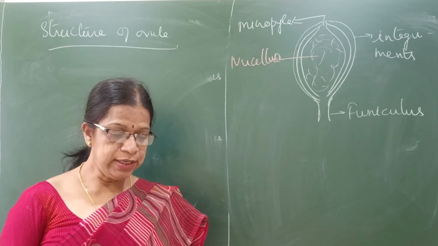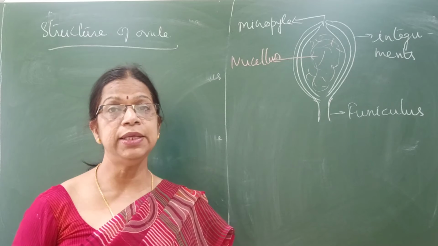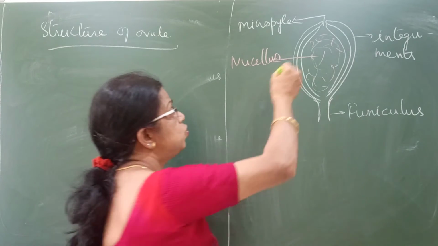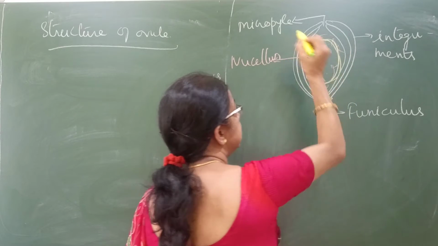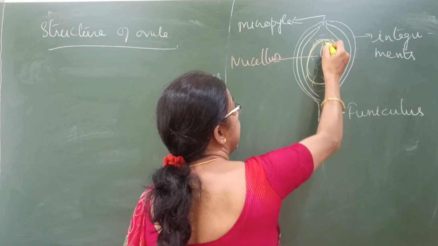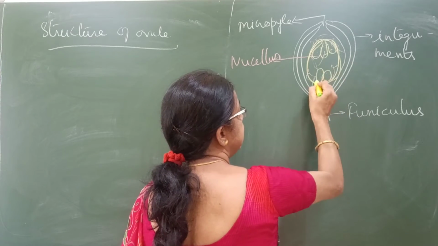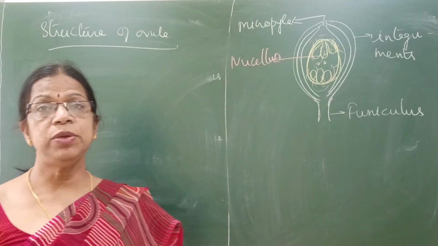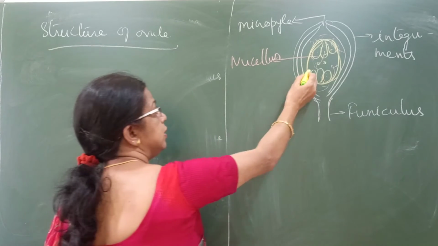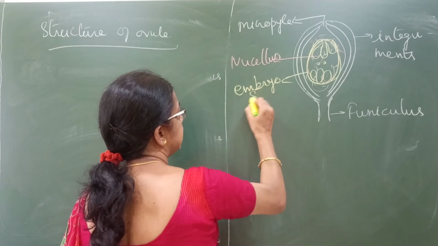Now, embedded inside the nucellus, there is one female gametophyte, which is called the embryo sac.